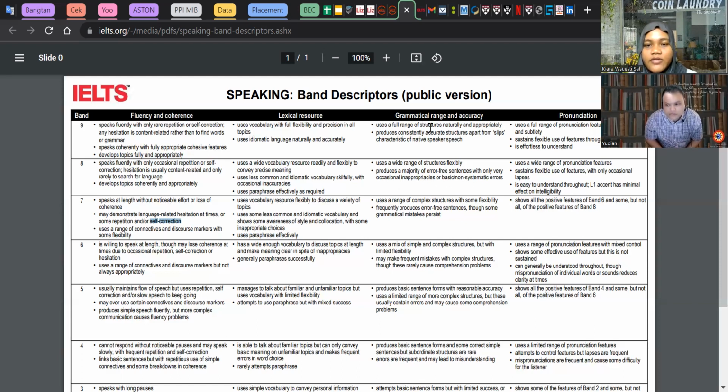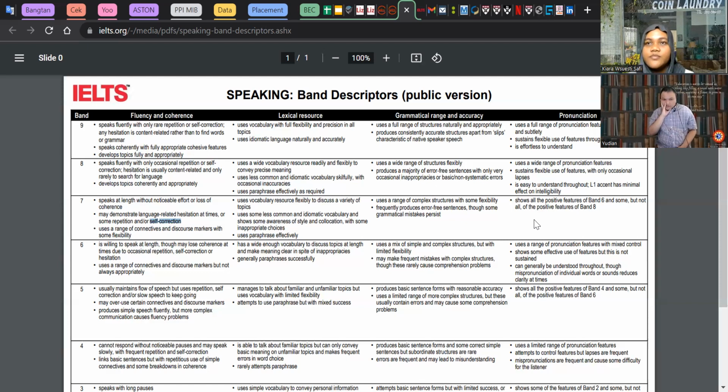And the last thing is pronunciation. This shows all the positive features of Band 6, which are here, and some of the Band 8 here, but not all of it. So if we're looking at this, it is the use of a range of pronunciation features with mixed control, as well as some effective use of features, but this is not sustained, and you can generally be understood throughout, though some mispronunciation of individual words and sounds reduces clarity at times.